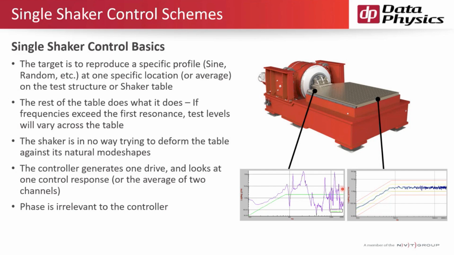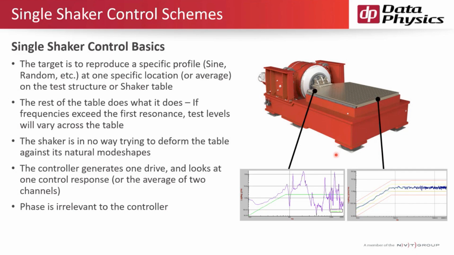The shaker has one drive, the controller has one drive, and has no ability to control the relative vibration, either in magnitude or phase, of the different points you have selected as your accelerometer locations. Oftentimes we'll come in and we'll say, average these two locations so that my average hits my control target. But if you actually plot the individual responses from each of your individual accels, you'll see that they vary.